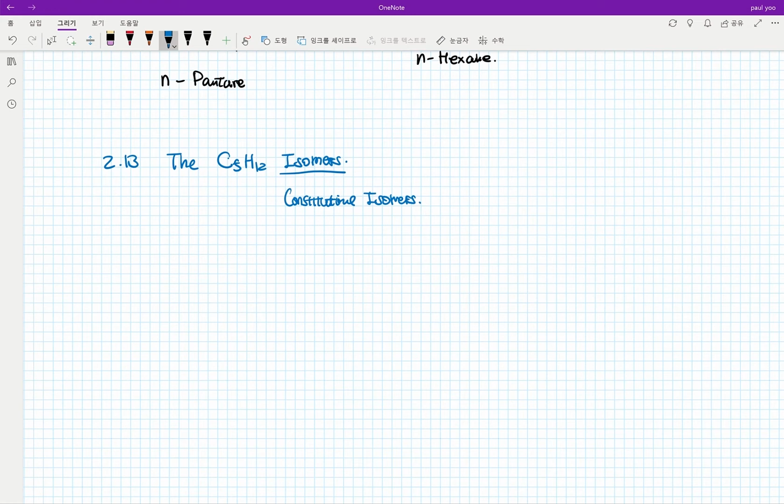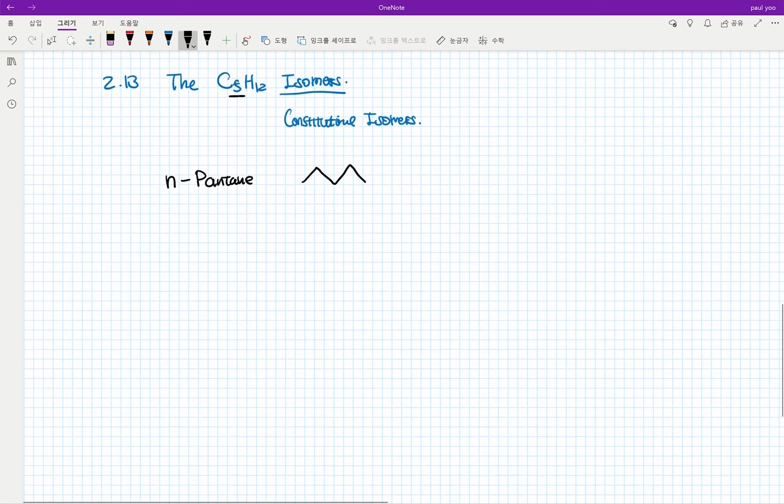Constitutional isomers have the same molecular formula but different bonding, different connectivity. n-pentane, since we have carbon equal to 5, has a bond line formula of that.